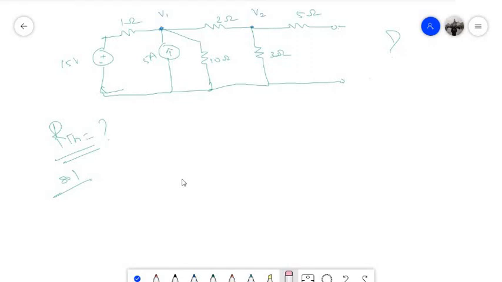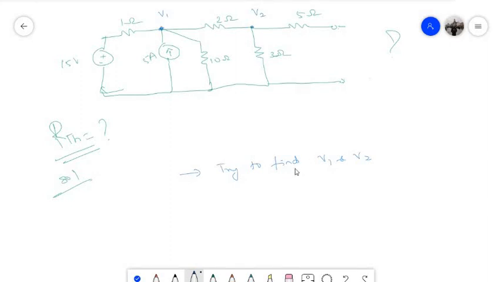Now I'm just giving you some intermediate steps. First of all, try to find V1 and V2. If you write the nodal equations, you will be getting two equations with two unknowns, V1 and V2. Simultaneously solve them, you will be getting V1 and V2.